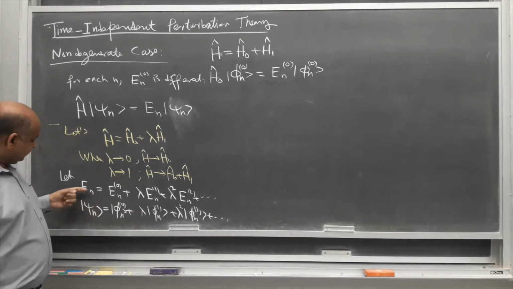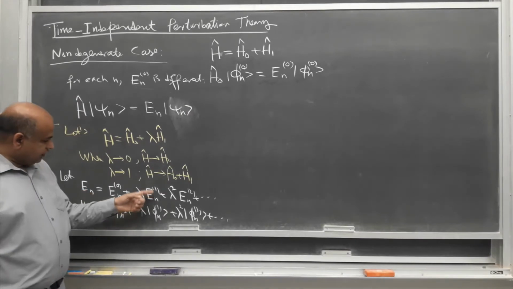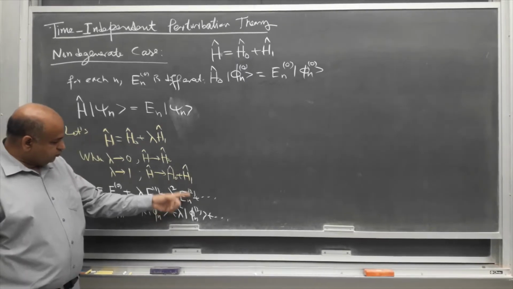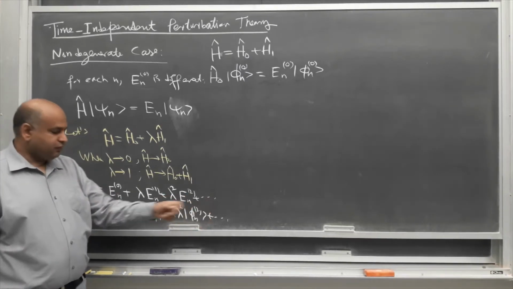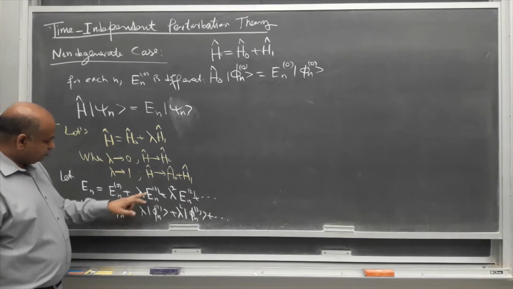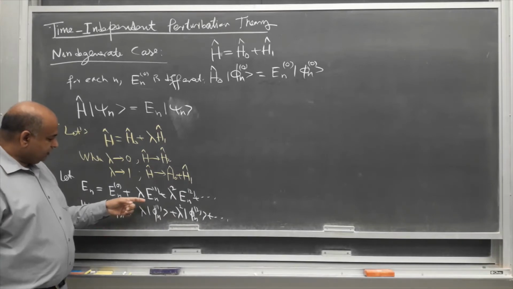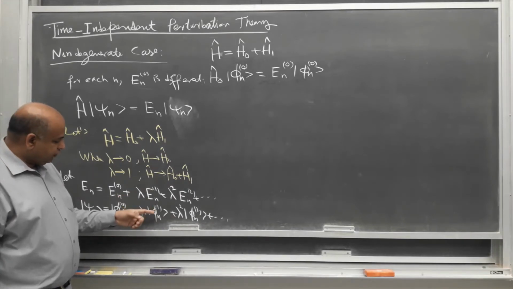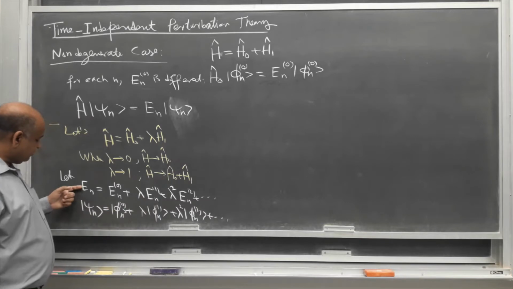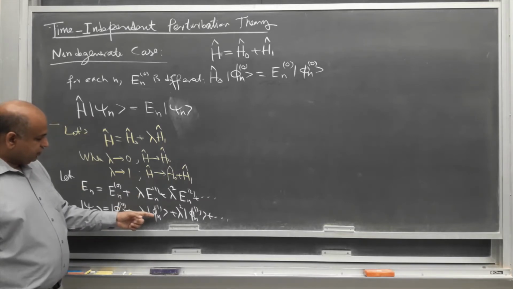And to get a better approximation of En and psi n, we need En1, phi n1, En2, phi n2, and so on. Most of the time, these corrections are small as compared to this, which means that with just En1 and phi n1, we have a pretty good approximation for En and psi n, which is called the first order approximation.